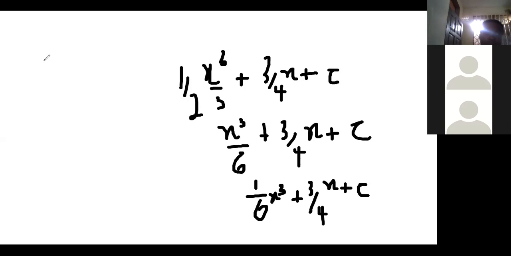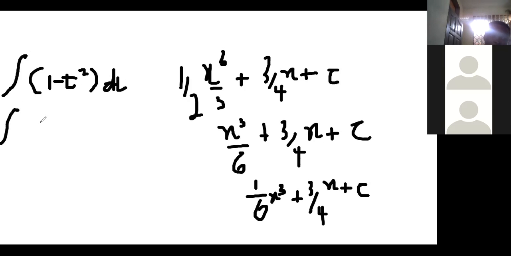Now the other one we are given is 1 minus t squared, dt. You have to integrate this. We can expand this and integrate.